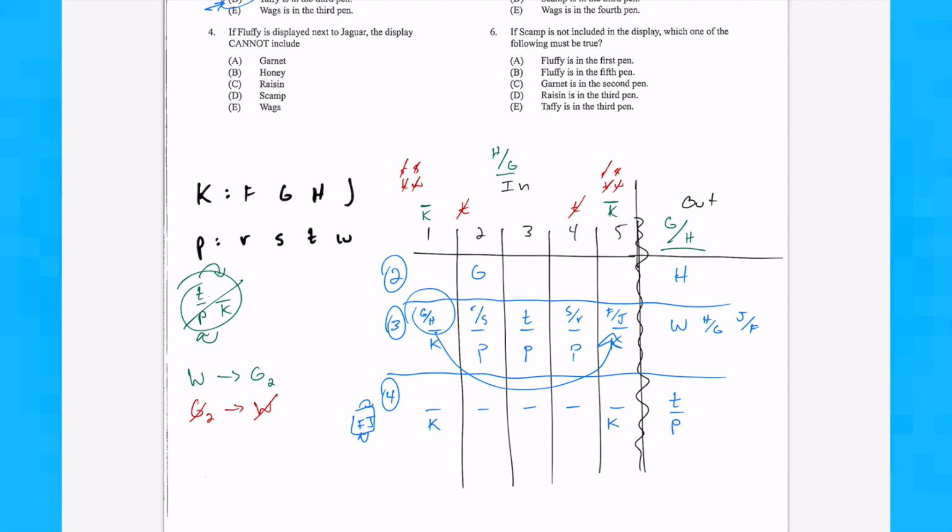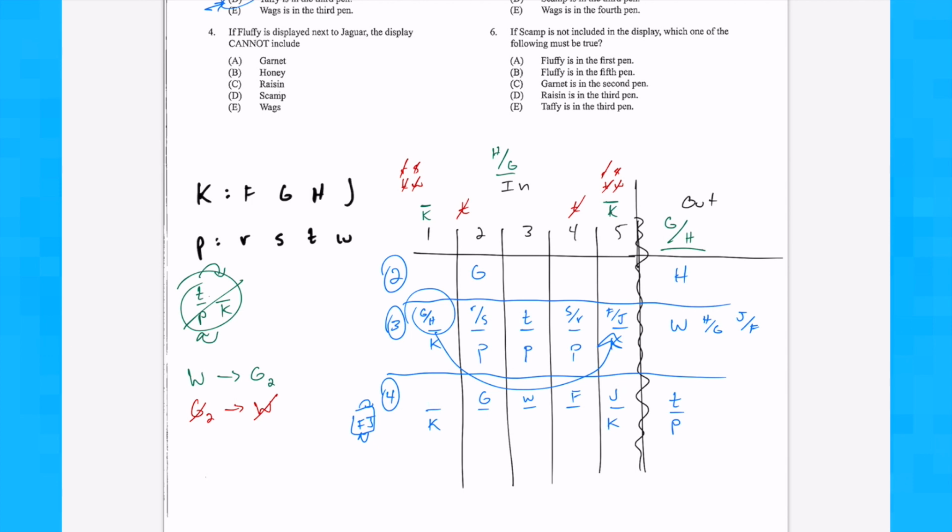So one thing I notice here, and this does go back to the WG clue, if G is second, there's nowhere that F or J could be next to each other. Because, for example, if I put G second and something like W third, maybe F4 and J5, the problem is I'm supposed to have a kitten here going fourth, and that kitten would have to be H. But H and G are not supposed to be in at the same time.